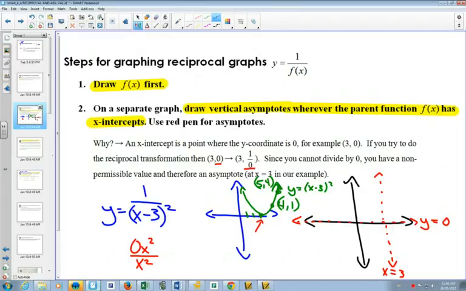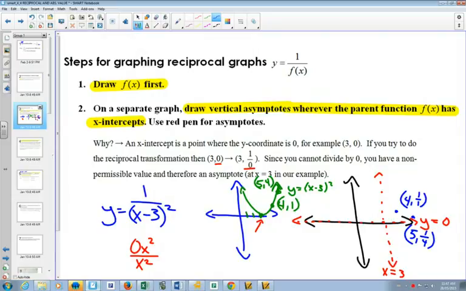What would happen if I did the reciprocal of (4, 1)? I would get (4, 1 over 1), which stays at (4, 1). What happens to the point (5, 4)? I would get the point (5, 1 over 4). All that's happening is our y coordinate is becoming 1 over that.